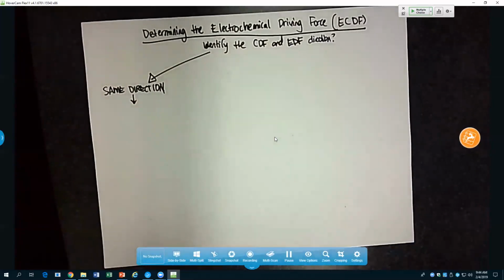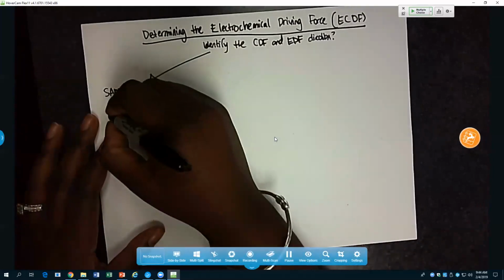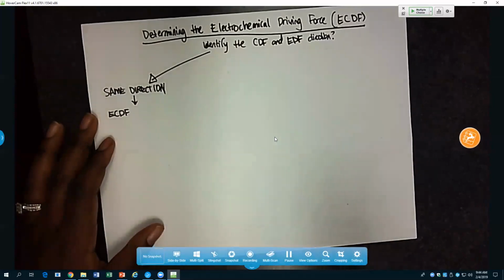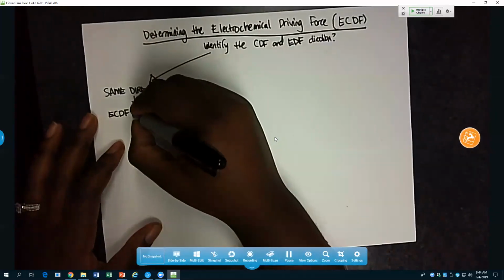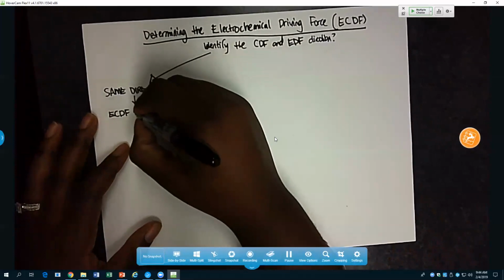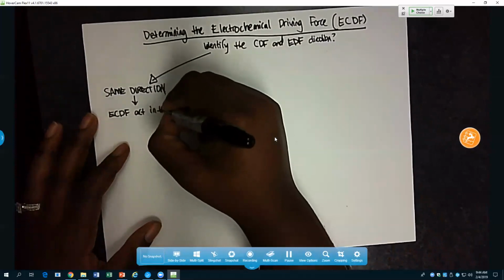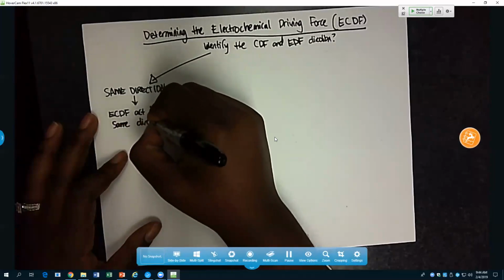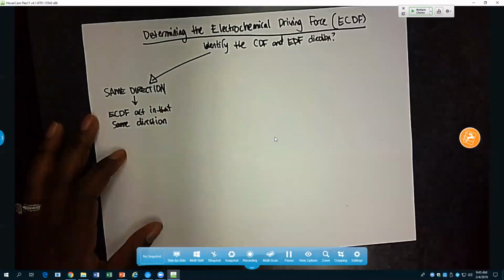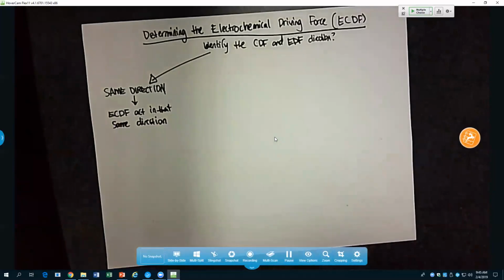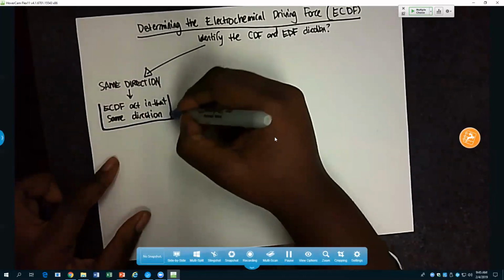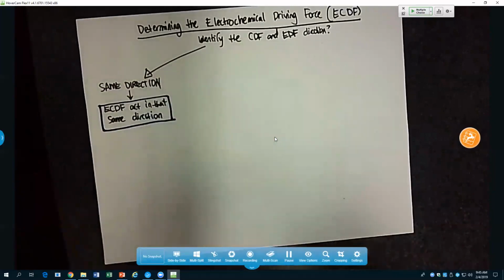If the electrical driving force and the chemical driving force are in the same direction, then the electrochemical driving force, the sum of both of those forces, will also act in that same direction. That's our first scenario.